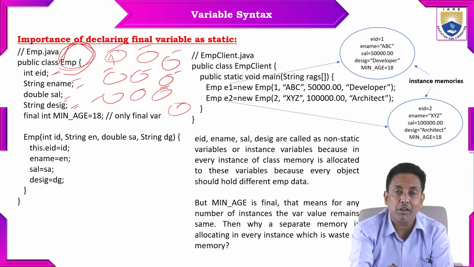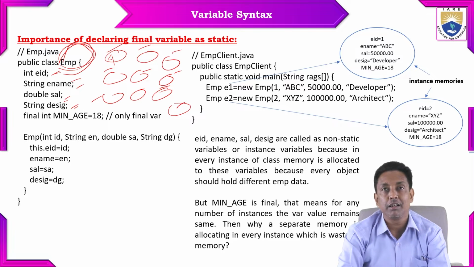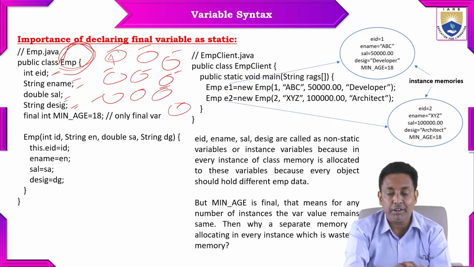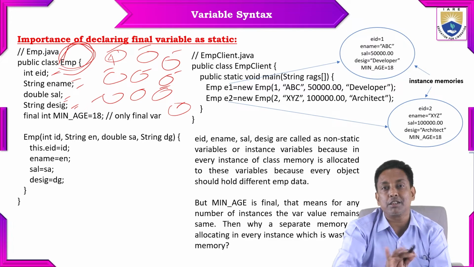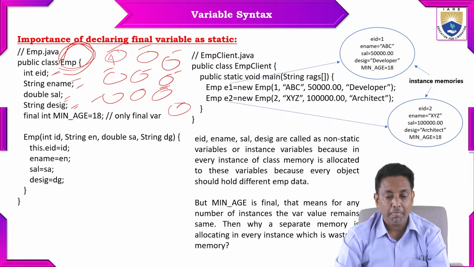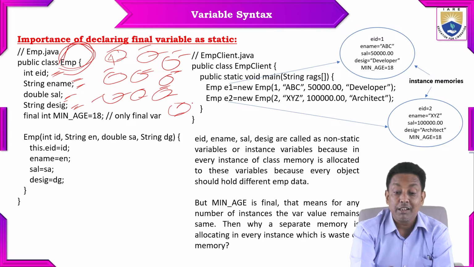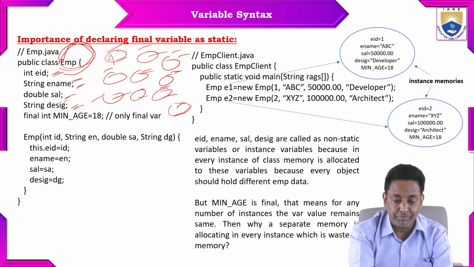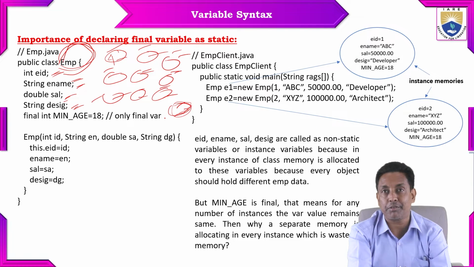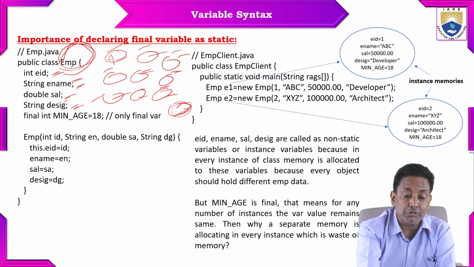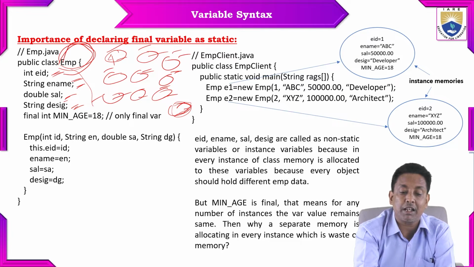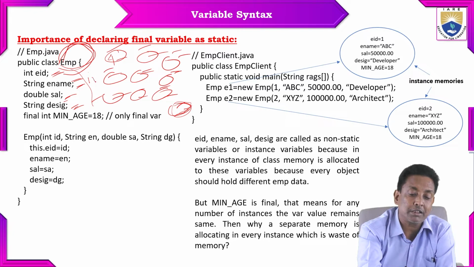The different employee objects consist of different values, nothing but different employees' data. Because memory must be allocated to these variables in every object or instance of the Employee class, these variables are called instance variables, IV.